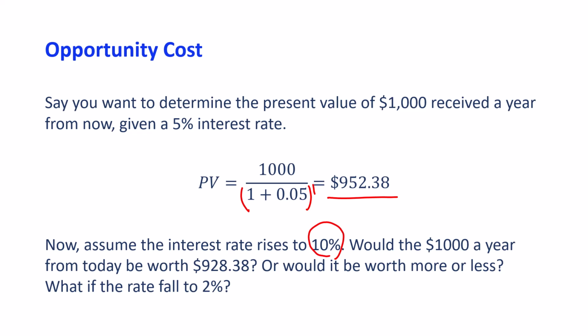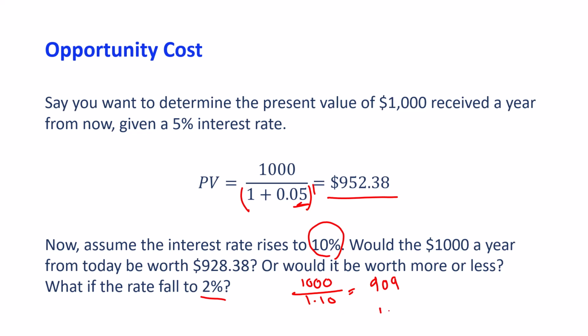And if the interest rate falls to 2%, now your opportunity cost is significantly lower. So you're not going to punish your future cash flow as hard as at 5%. So you're going to end up with a higher value. So in this case, at 10%, the present value would be $909.